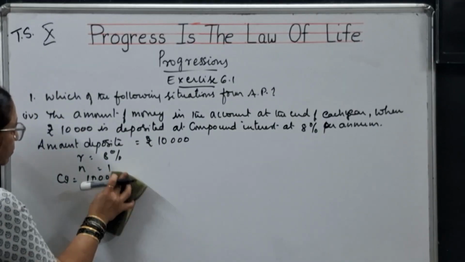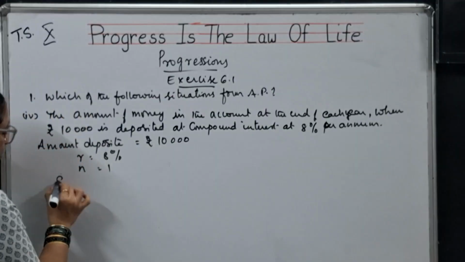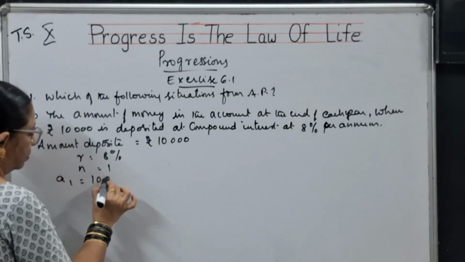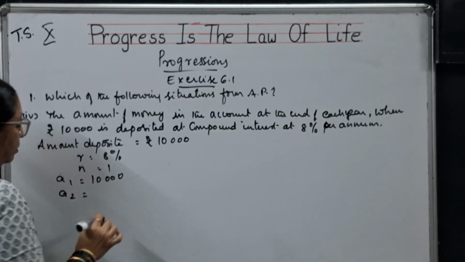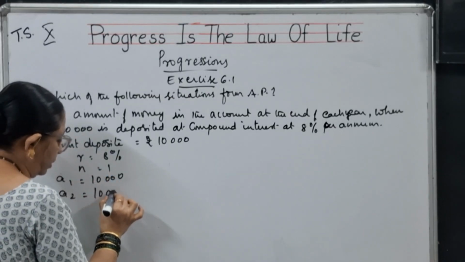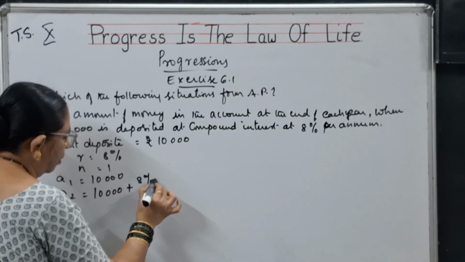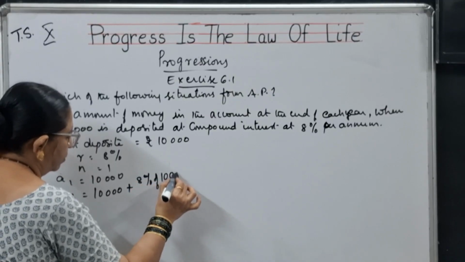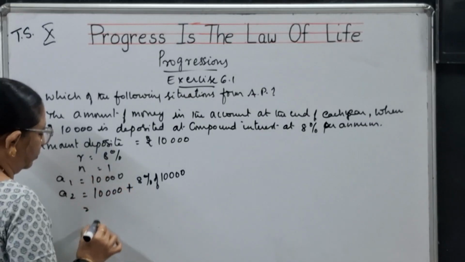A1 is 10,000. Then what is A2? A2 is nothing but the original 10,000 plus 8% of 10,000. It is 1 year only. Every time we have to calculate for 1 year.